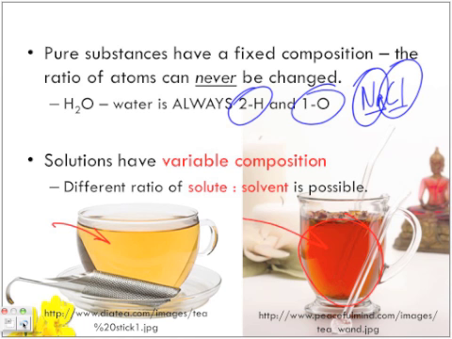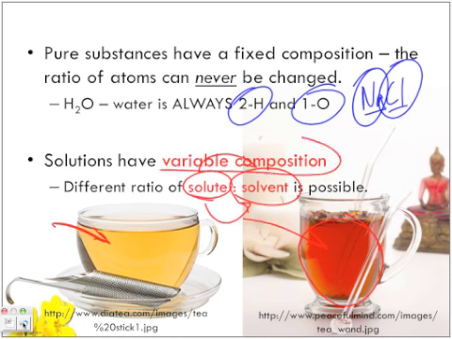So we can put a little bit, or we can really dilute it and make it a lot lighter. So we're looking at a different amount of solute but the same amount of solvent. We're dissolving less into the solvent, or we could be dissolving even more into the solvent.